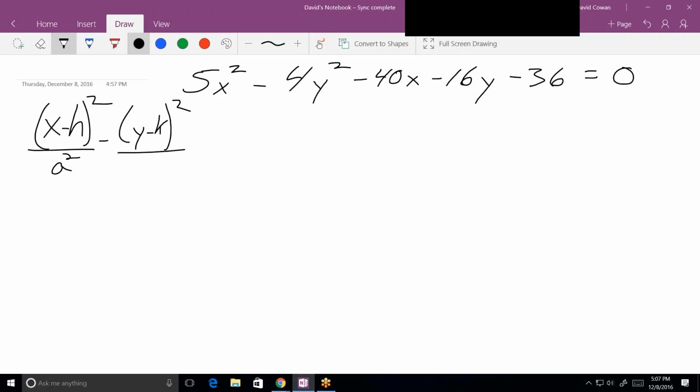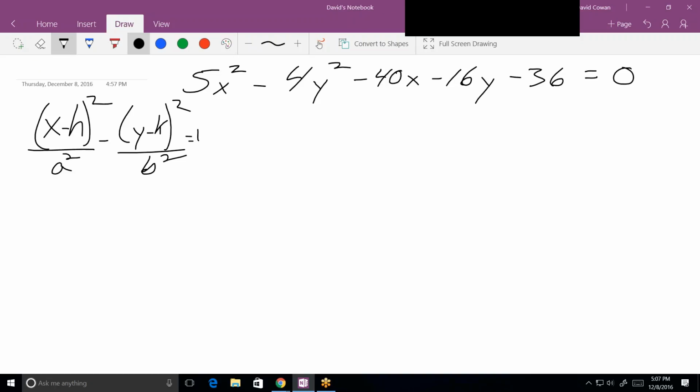Whenever you have this, regardless of whether the A is under the Y or the B is under the Y, if the negative sign is in front of the Y, then it's horizontal. If it were vertical, it would need to be y squared minus x squared. In other words, horizontal or vertical is not determined by the A and the B, but where the negative sign is. And this all has to be equal to 1.